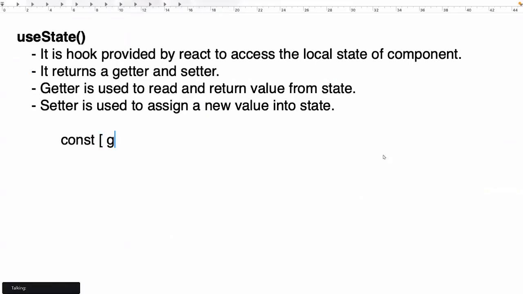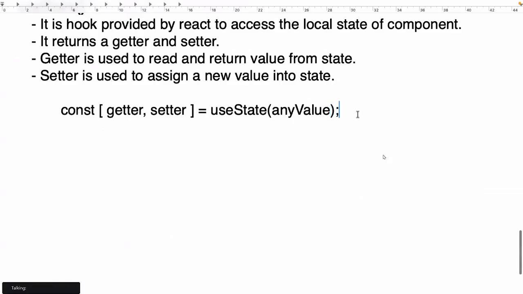Constant getter, setter is equal to useState, and in this you can initialize any value. So what is this above syntax? This getter, setter is nothing but a destructure declaration.